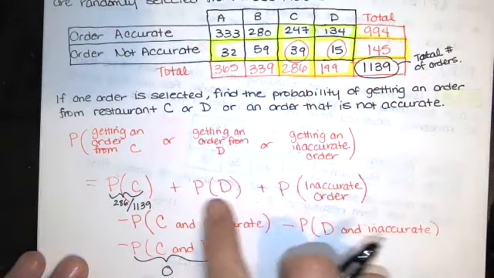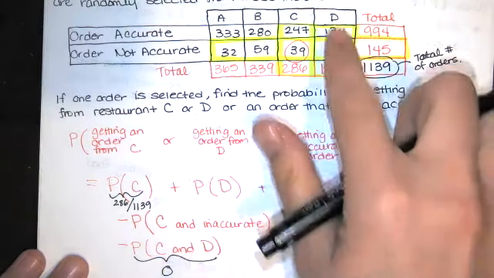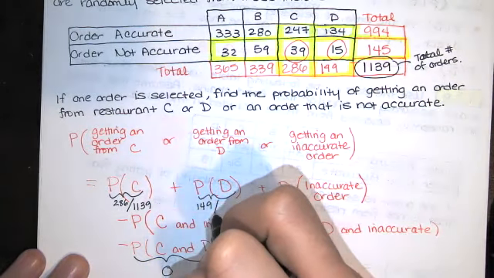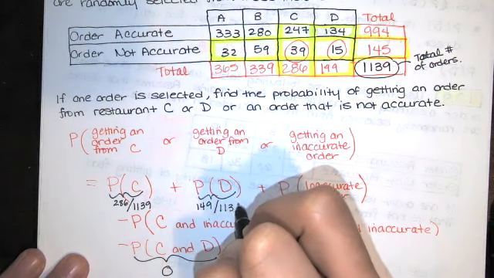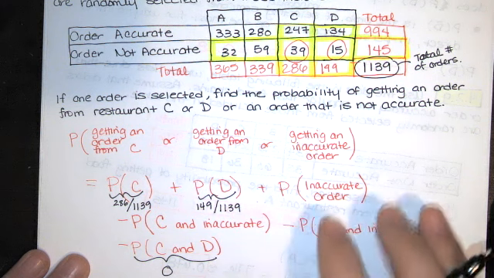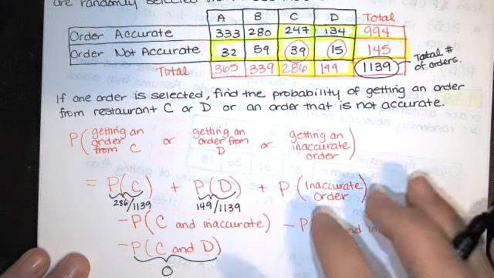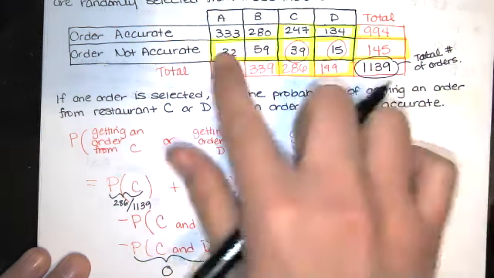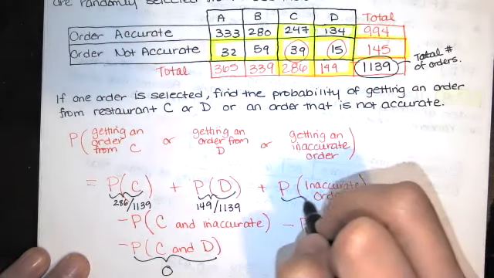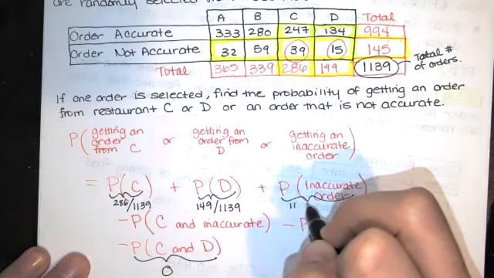And then I'll add the probability of choosing an order from restaurant D. There were 149 of those. So 149 out of that 1,139 orders came from restaurant D. And then the probability of choosing an inaccurate order, well, there were 145 inaccurate orders out of that 1,139. So that's this right here.